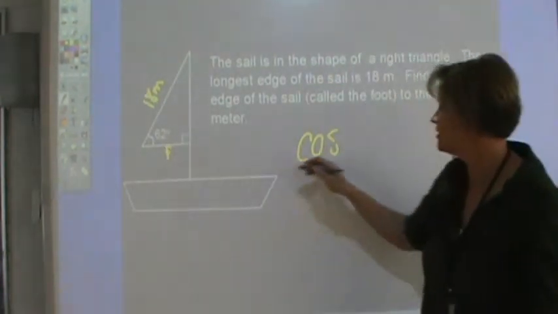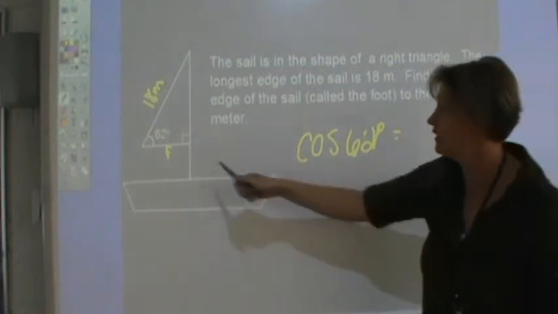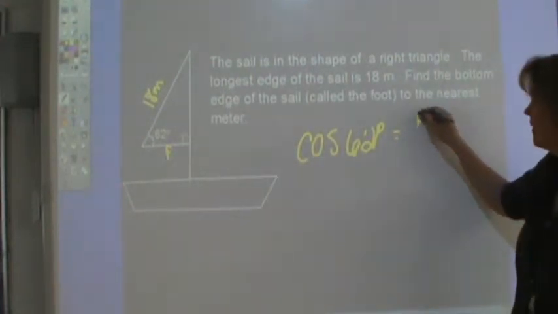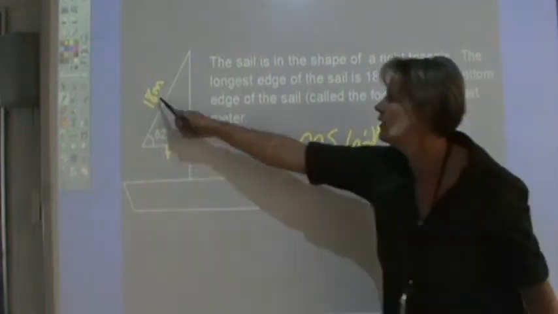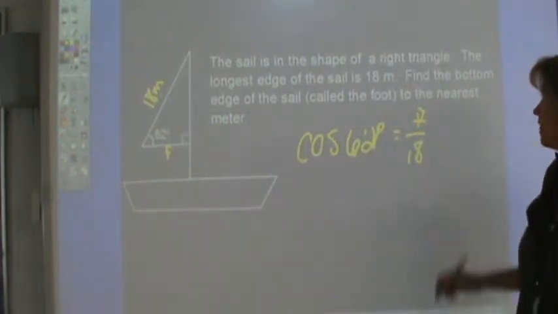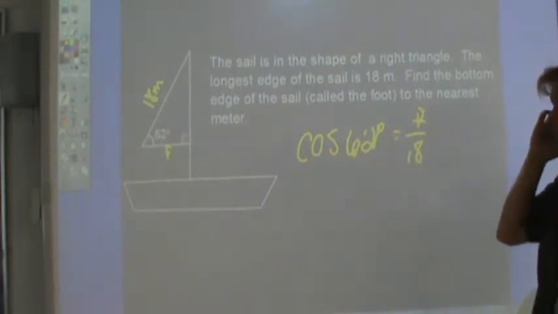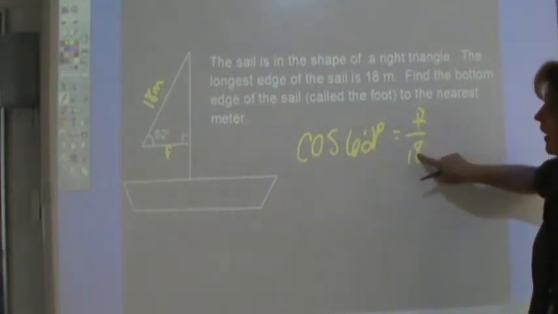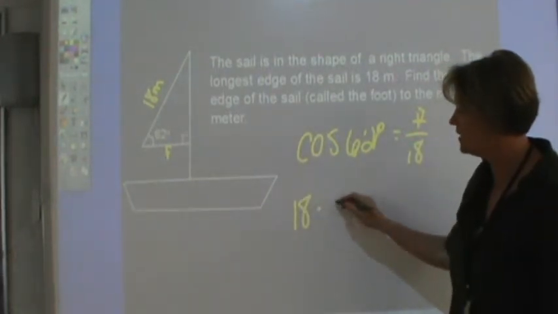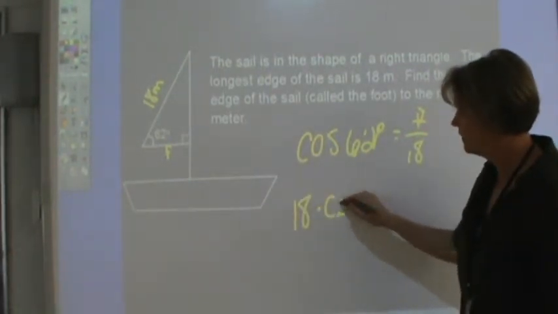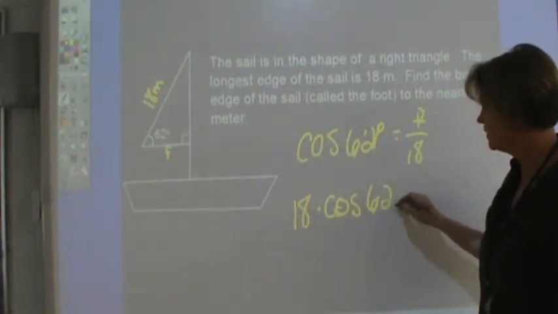So cosine of our 62-degree angle is going to be adjacent, which is F, over the hypotenuse. Sorry about that. All right, so from what we just learned, if the number is on the bottom, we're going to multiply. So in my calculator, I'm going to go 18 times cosine 62.